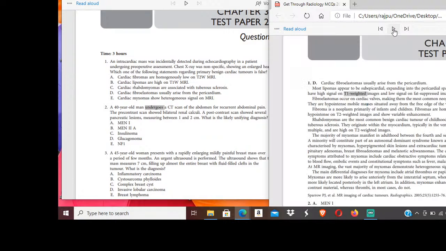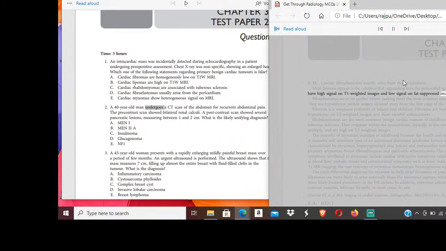They typically have high signal on T1 weighted images and low signal on fat-suppressed images.